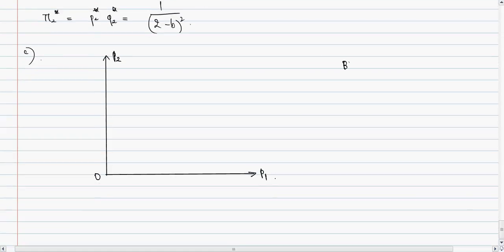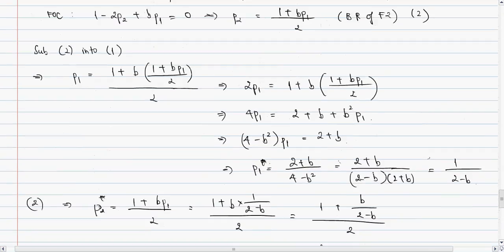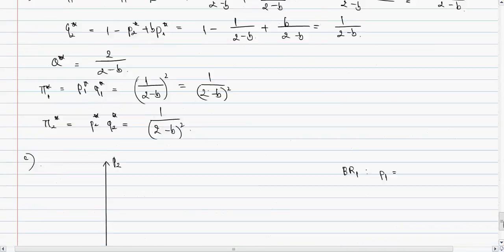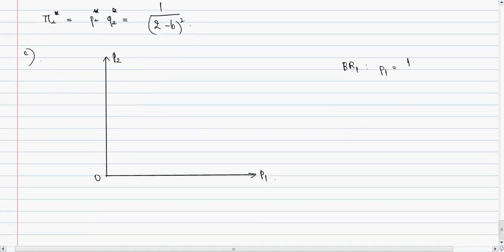Okay, so I know that the best response function for firm 1 is P1 equal to (1 plus B of P2) on 2, which is half plus B on 2 P2, and the best response function for firm 2 is P2 equal to half plus B on 2 P1.